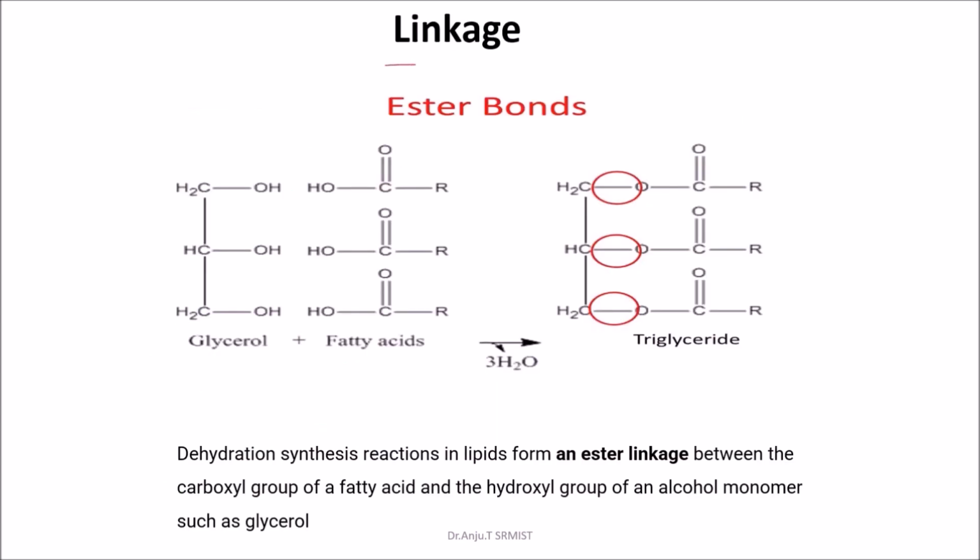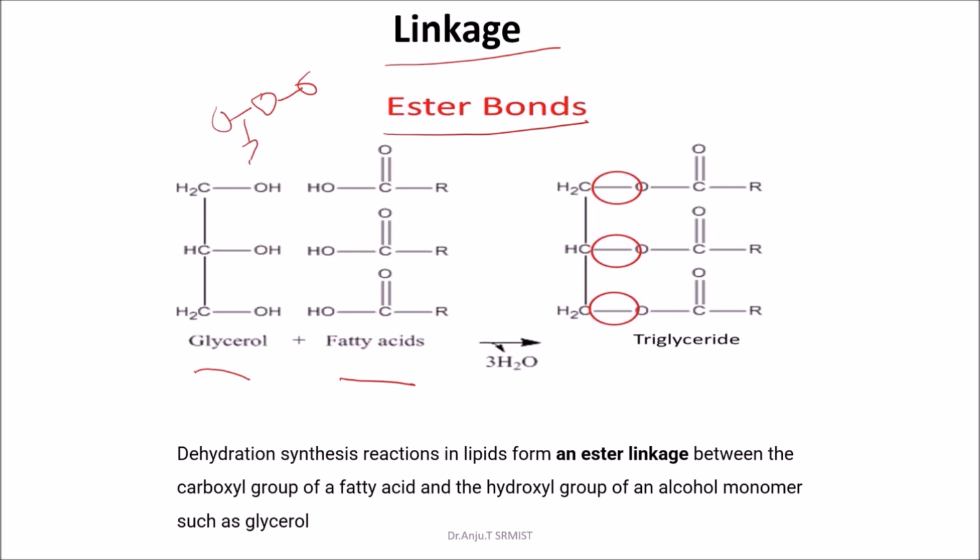fatty acid. In the macromolecule, the monomeric units are linked together by a bond which is called the ester bond. So where are these ester bonds formed? For example, in a triglyceride, you have a glycerol molecule and fatty acid chains.